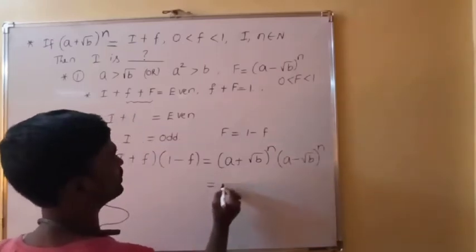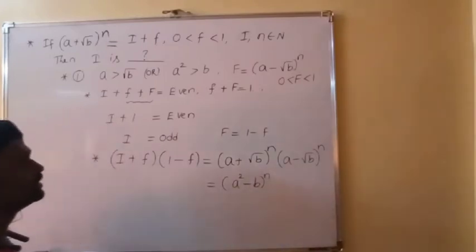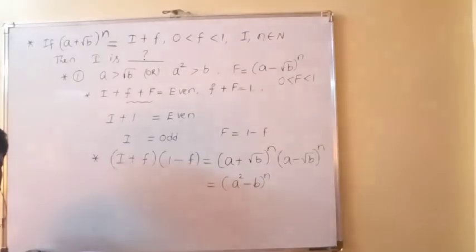On multiplying these two, what will you get? (a² − b)^n. So you have to remember these two things: when a is greater than √b, I is always an odd integer, and (I + f)(1 − f) is (a² − b)^n.